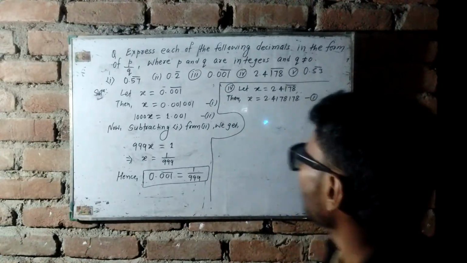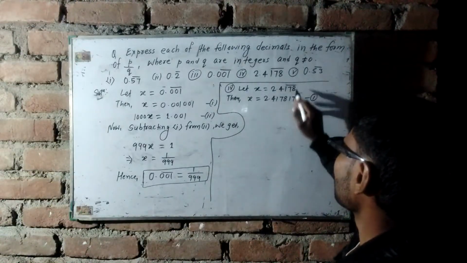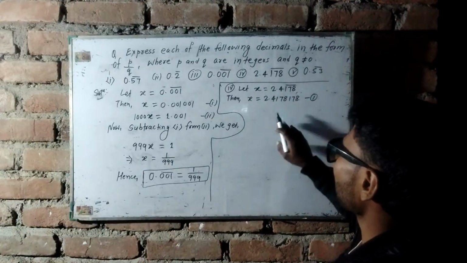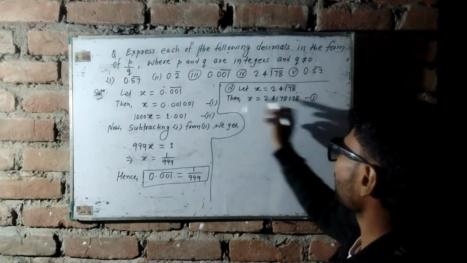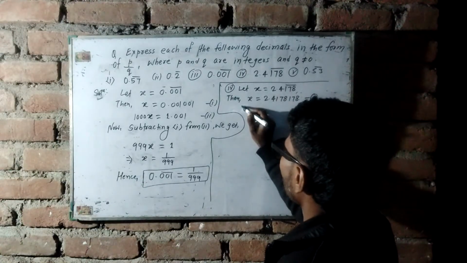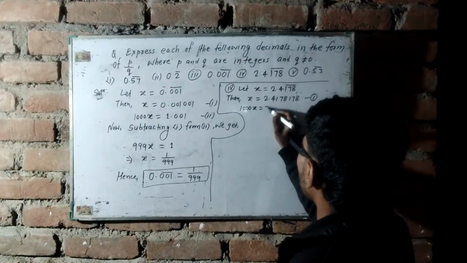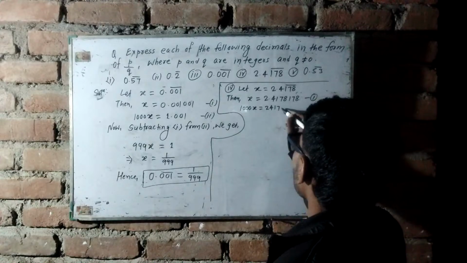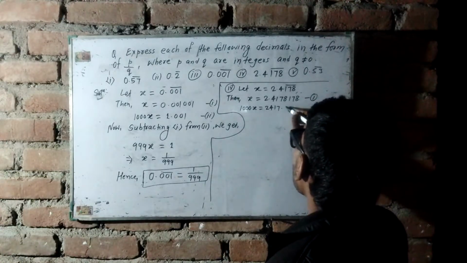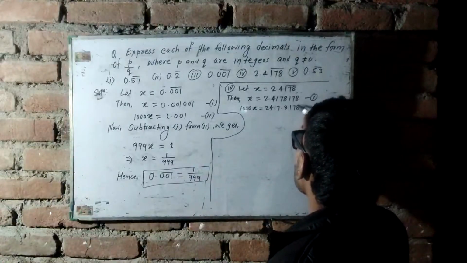Now we can see clearly here the repeating block has 3 digits, 178. So we multiply both sides of equation first by 1000 and we get 1000x is equal to 2417.8178.